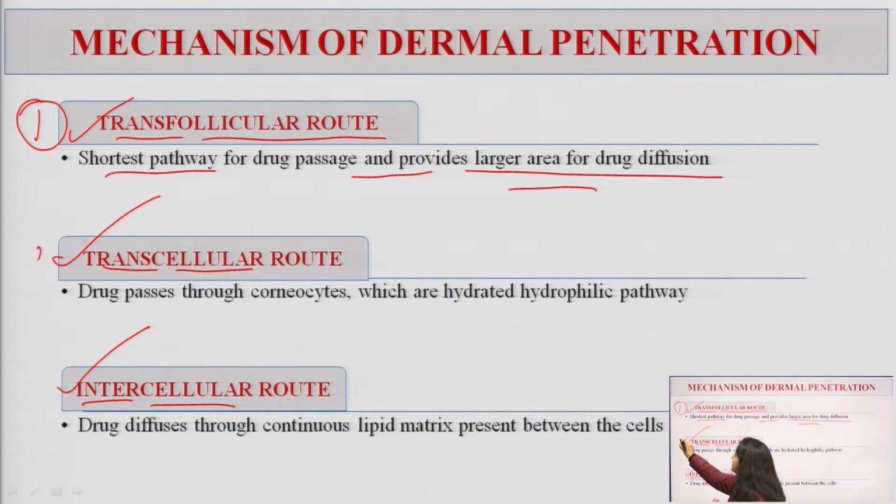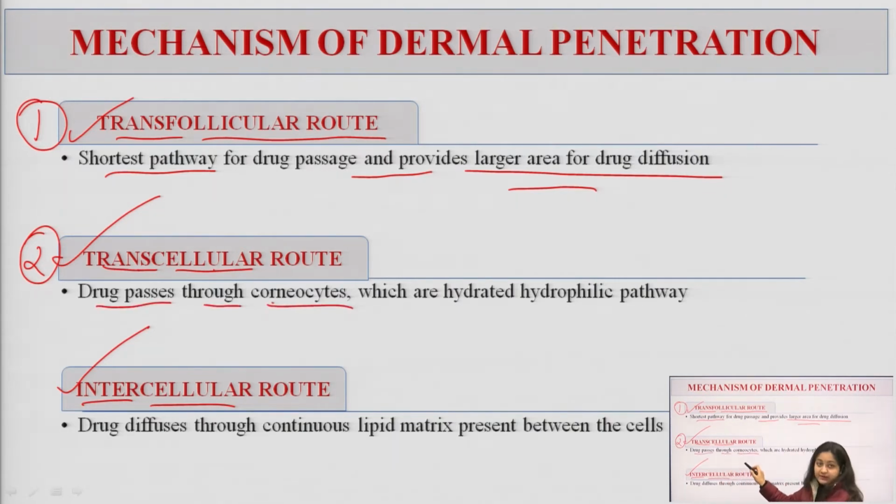Another pathway is the transcellular pathway. The name itself is self-explanatory, that is transcellular. So, between the cells. The drug here passes through corneocytes, which are a hydrated hydrophilic pathway.